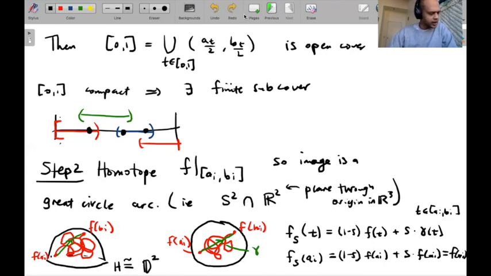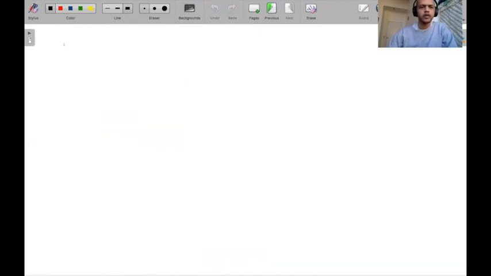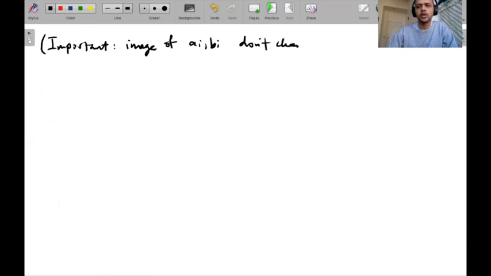So this is step 2. So let me just remark, so important: the images of a_i and b_i don't change under the homotopy.